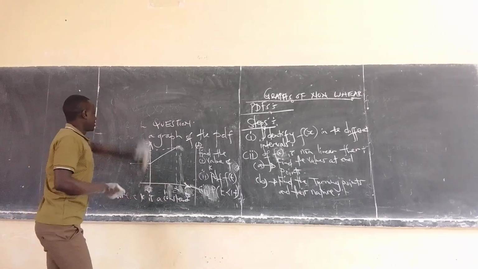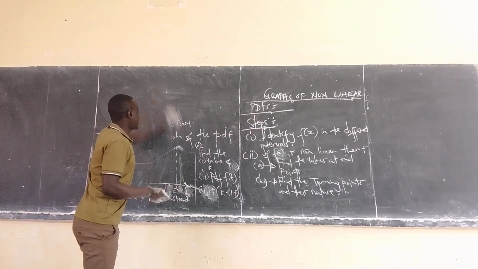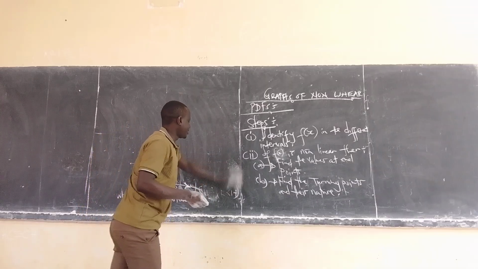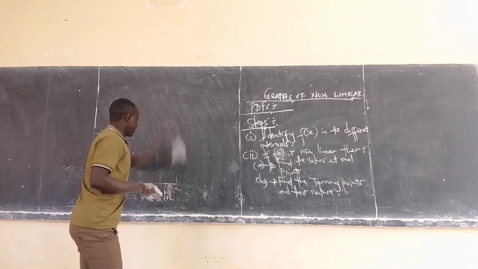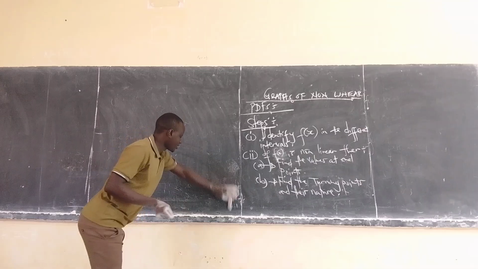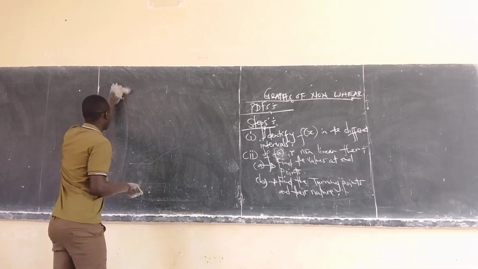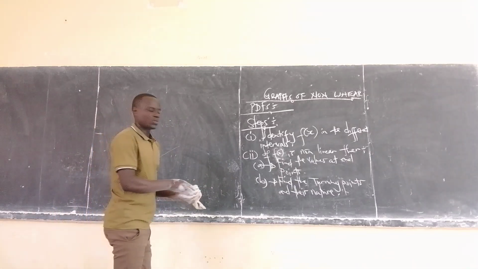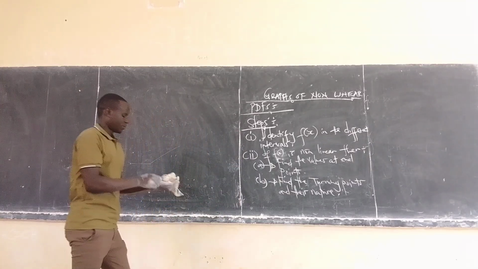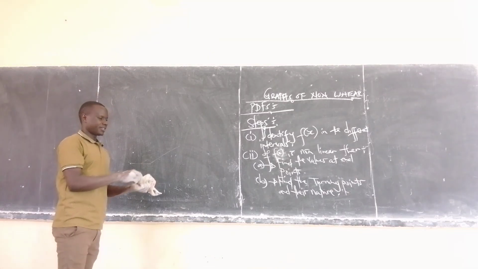So how do we determine the turning points? We discussed from pure mathematics that for you to get the turning points, you differentiate the original function once and equate the derivative to 0. Why do we equate the first derivative to 0?